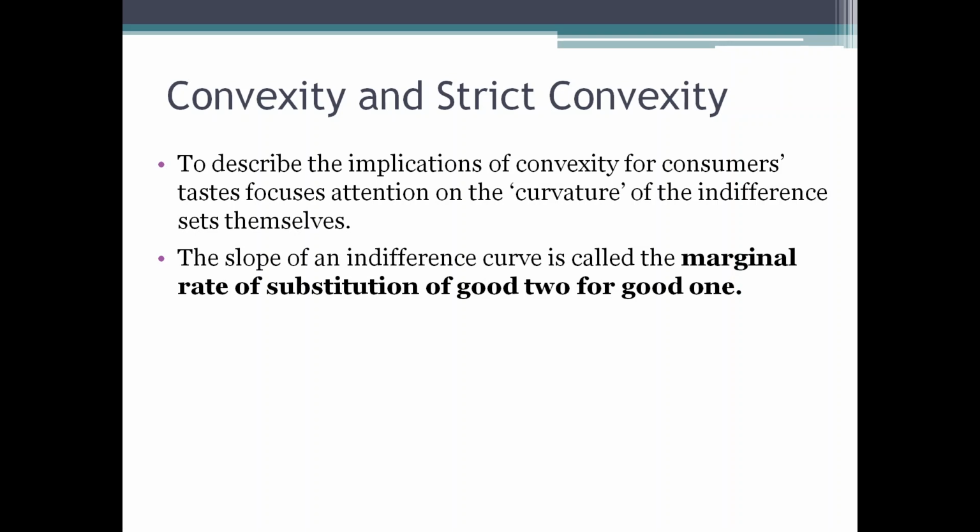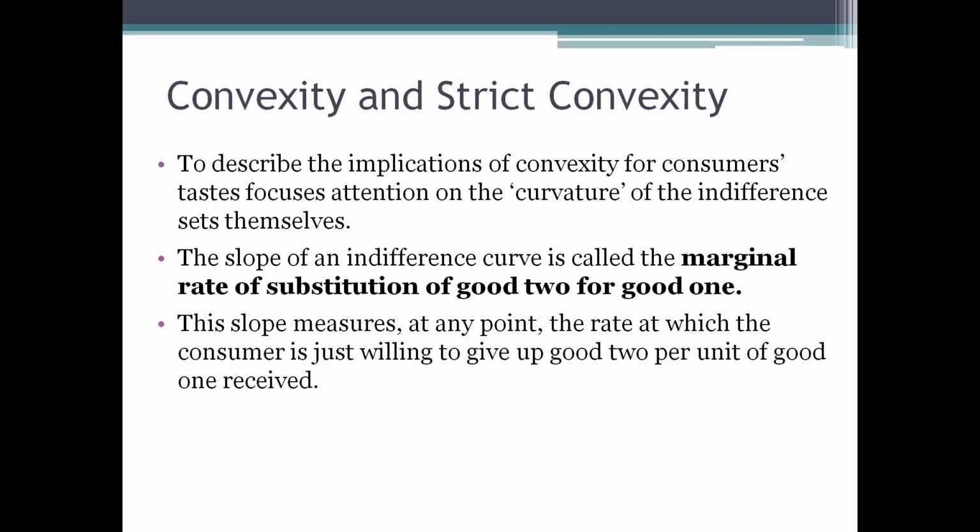So in order to increase my consumption of good 1, I have to sacrifice consumption of good 2. We want to know the rate at which we will sacrifice commodity 2 to increase our consumption of commodity 1. So this slope measures, at any point, the rate at which the consumer is just willing to give up good 2 per unit of good 1 received.